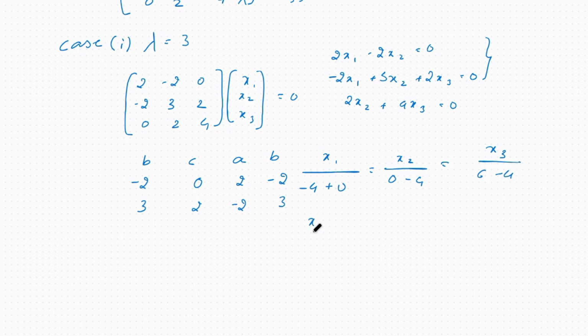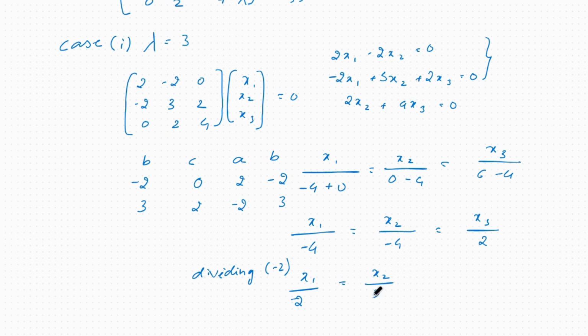So the equation formed is minus 4 is equal to x2 by minus 4 is equal to x3 by 2. Now by dividing by minus 2, we will get 2 is equal to x2 by 2 is equal to x3 by minus 1.